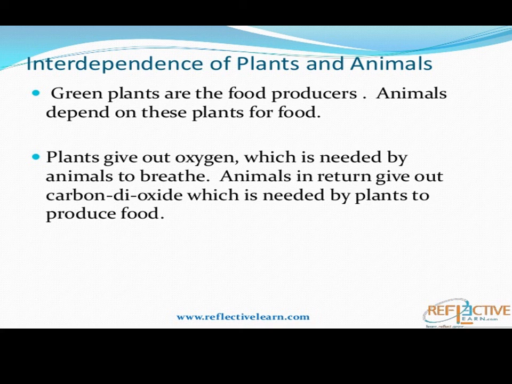So plants give out oxygen which is needed by animals to breathe. Animals in return give out carbon dioxide which is needed by the plant to produce food. And you know now very well that plants produce food by the process of photosynthesis.